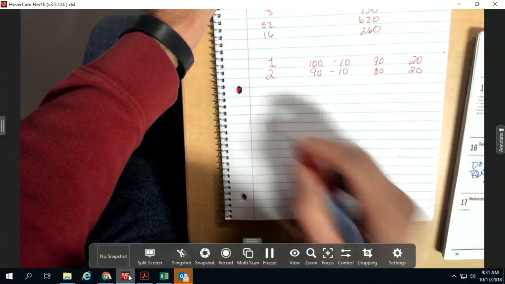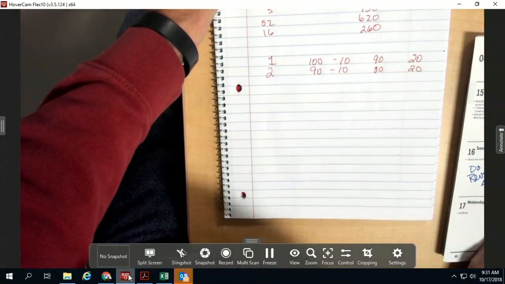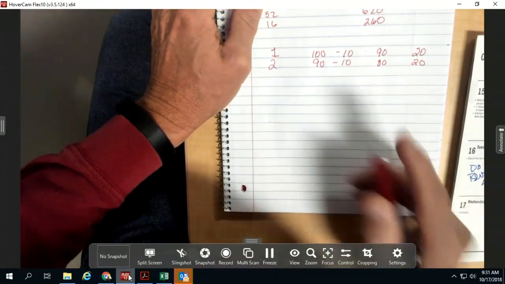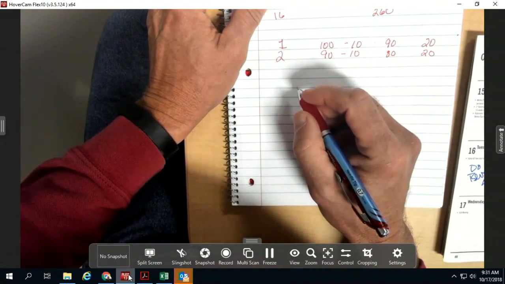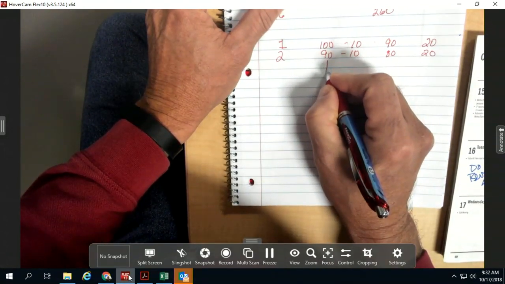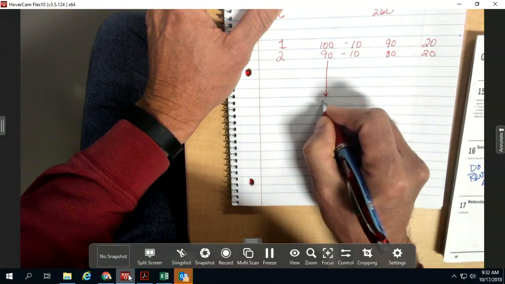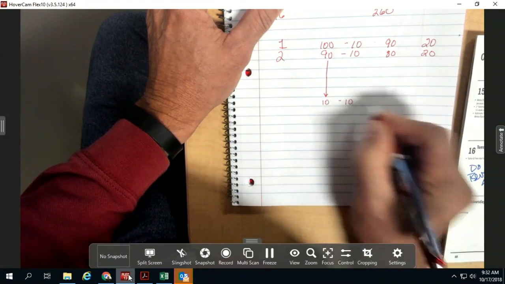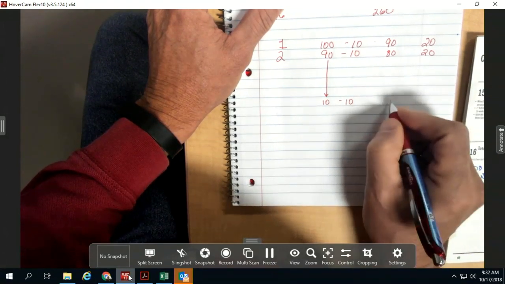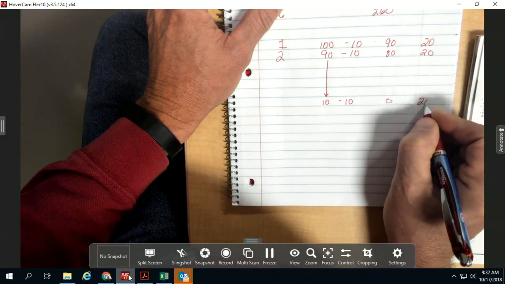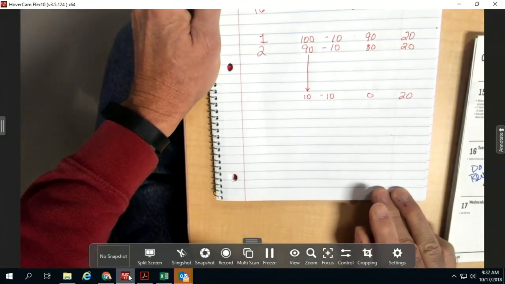Okay? Now, do you want to go another one so that you get the pattern? Or does everybody kind of have the pattern of what's going on here? Okay? This is going to keep on going down until you have $10 minus $10 is $0, and you're going to have paid $20 that week, correct?